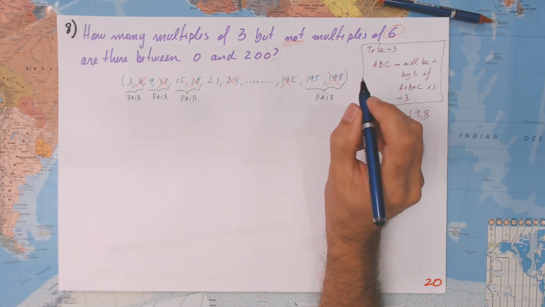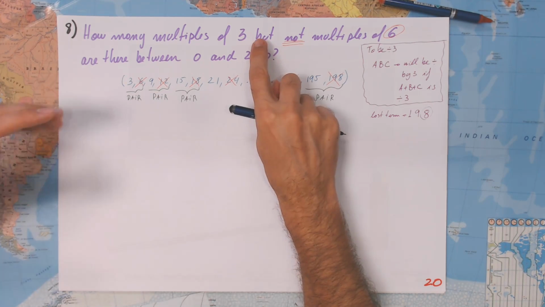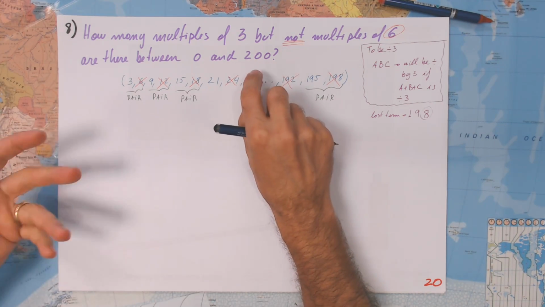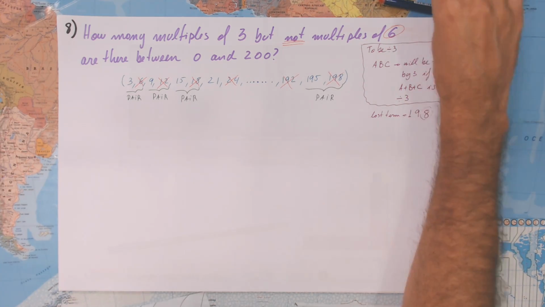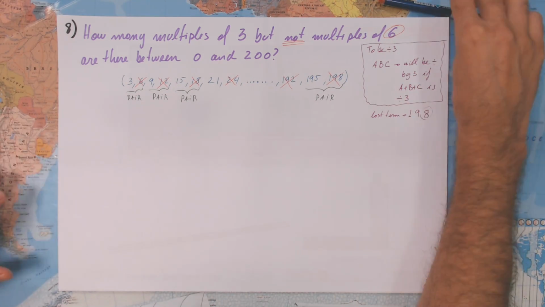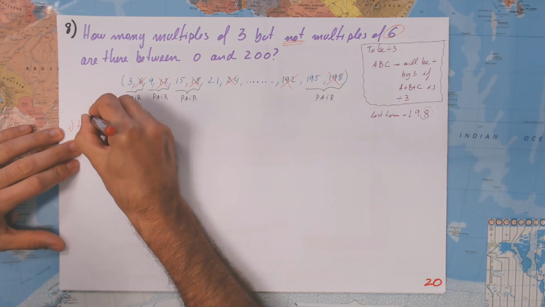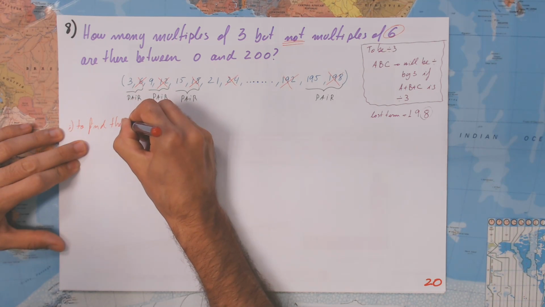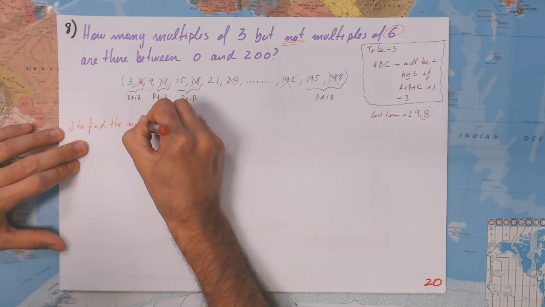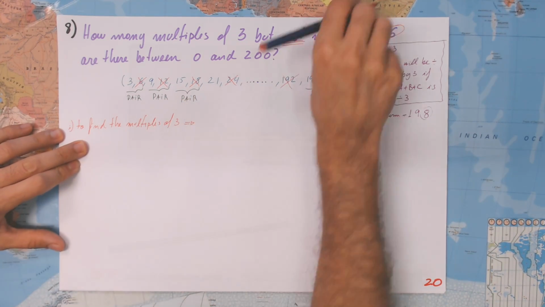So one idea is, let's find all the multiples of 3, and then we just take half of it, because the other half is going to be also divisible by 6. So our job in here is to find the multiples of 3. And let's do it.